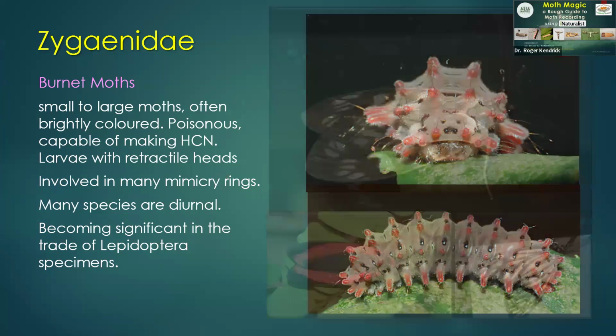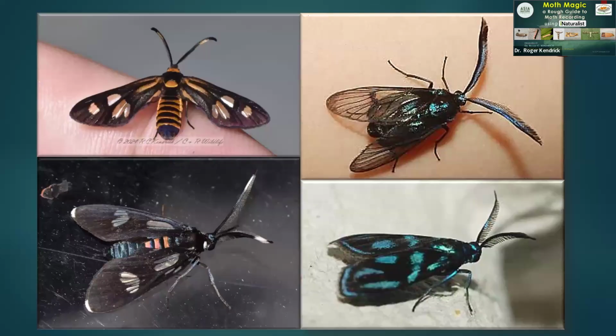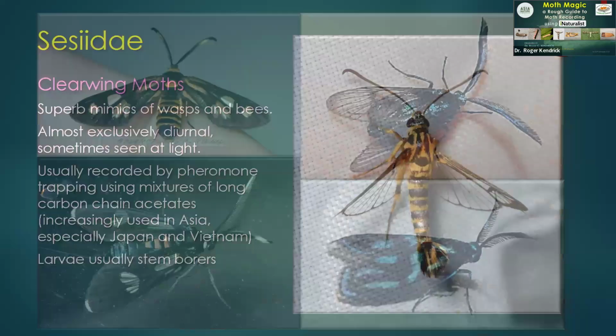Right, moving swiftly on. Adult burnet moths are also colourful, again, because they have kept the hydrogen cyanide and can still emit hydrogen cyanide. And a lot look like some of the day-flying moths from the tiger moth family, the Arctiinae. More on that in a bit.